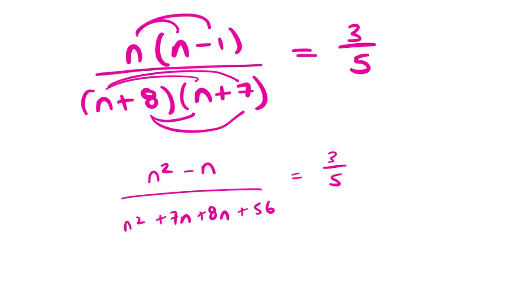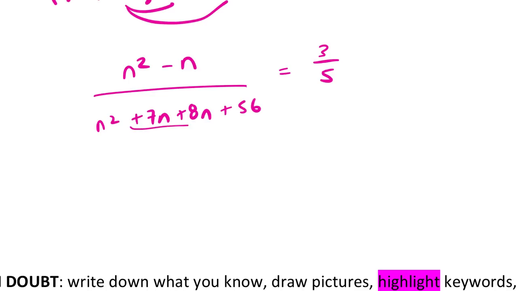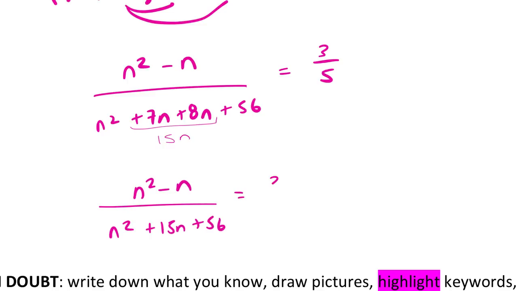So we're doing all of these steps. These problem-solving questions have a lot of mixed skills in, and this is what we need to work on. Now, what do we do? So, we can tidy this up because on the denominator here, we're going to get 15n, aren't we? Right, so we have n squared minus n over n squared plus 15n plus 56 equals 3/5. Okay, to make my life easier, I'm going to do what's called cross multiplying.